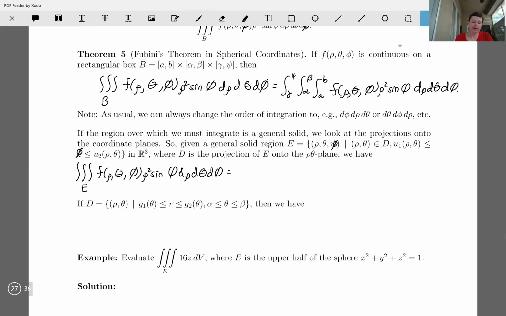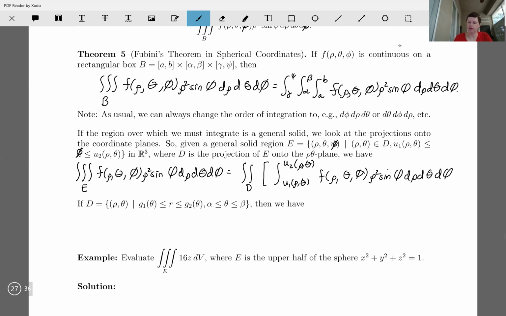Let's try that again. What we really have is the double integral over the region D of the integral between those two functions, the limits of phi, of f of rho theta phi, rho squared sine phi, d rho d theta d phi.